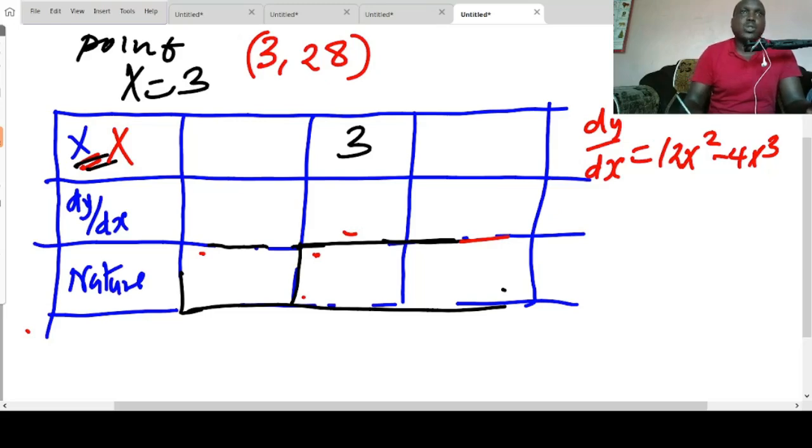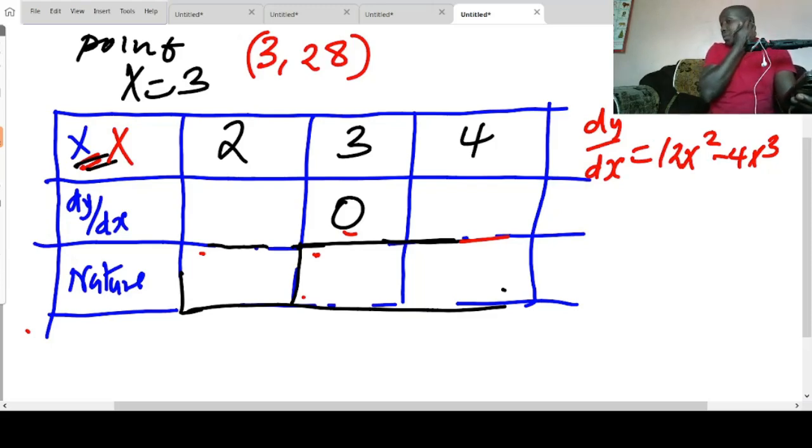Tunatoka 3 tunaenda 4, so hapa weka 4. Before tufike 3 tunatoka 2, so that is the number to the left. If you substitute 3 here, this is going to be 9 times this, and the answer is going to be 0. That is dy over dx kwa x itakuwa 0.